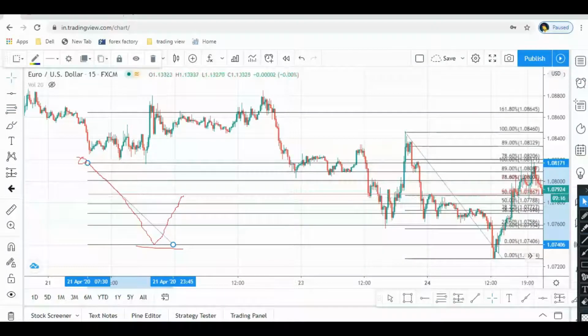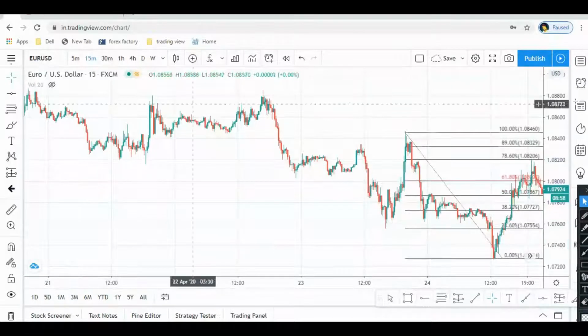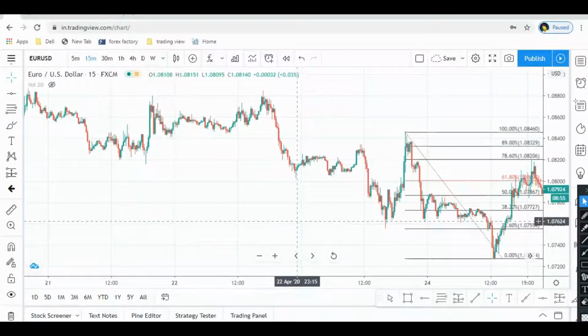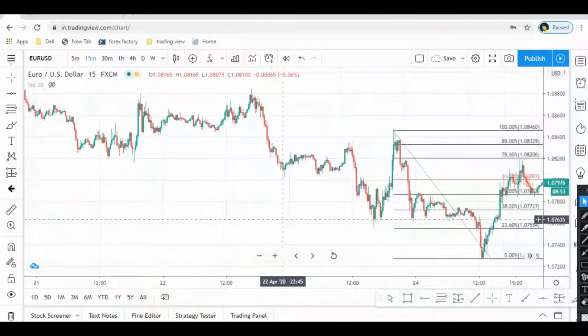from this area to this area we mark a Fibonacci. And about the Fibonacci, 61.8% is the key area, and how exactly this key area is respected.